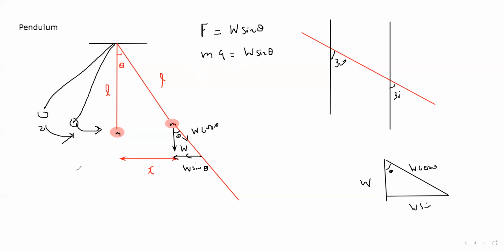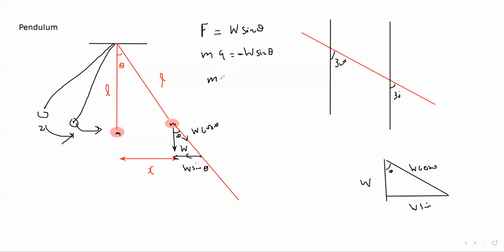Any position, if I release the pendulum, it will try to move towards its mean position. That is why this negative sign is showing a constraint here, that the motion is always towards the mean position. It means the tendency of this object is to move towards its mean position. That's why it is written negative here.